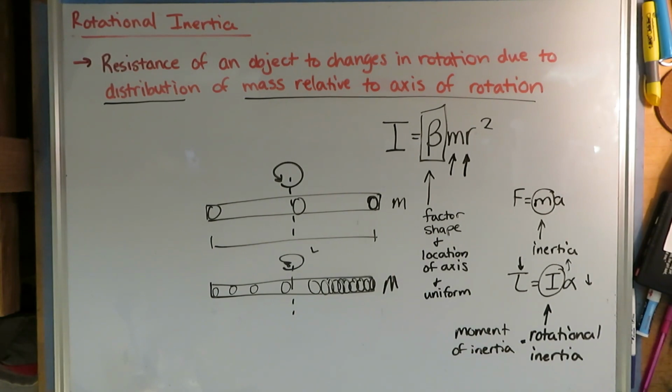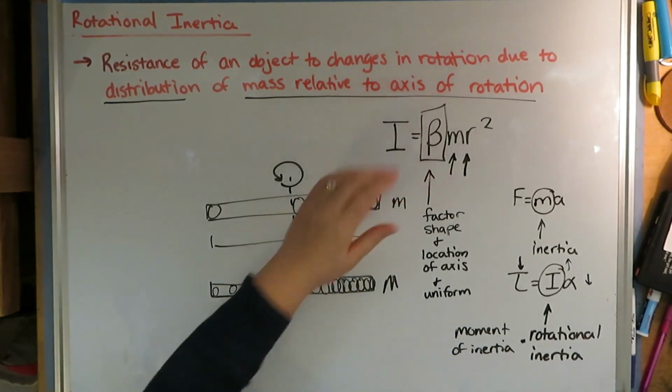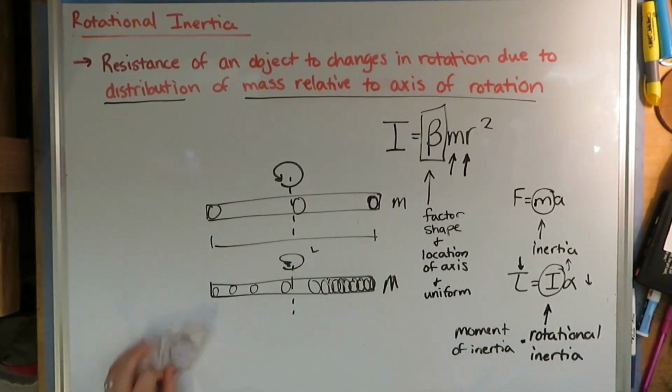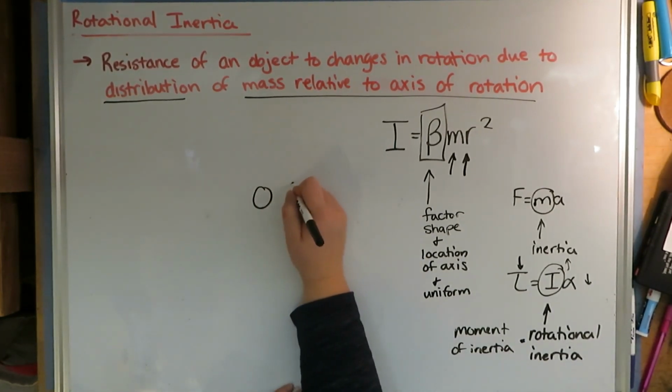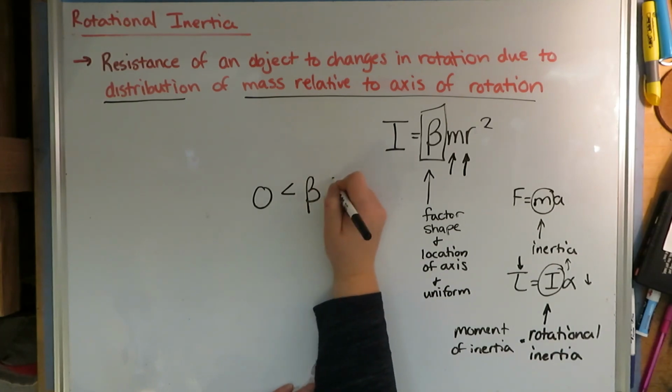Most of this is going to be devoted to telling you how that constant varies. But one thing that's always true about that constant is that it's somewhere between 0 and 1.